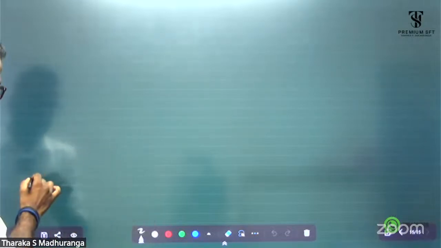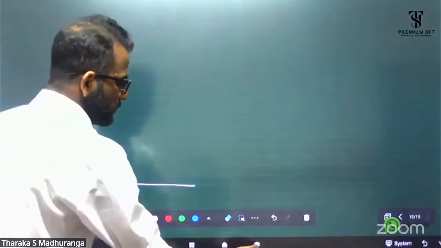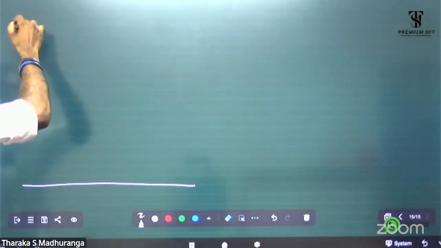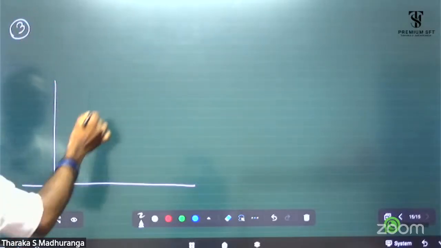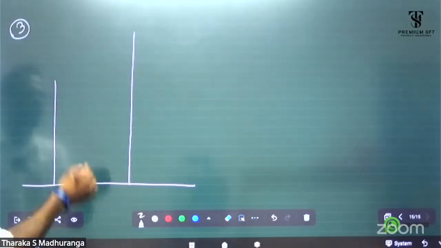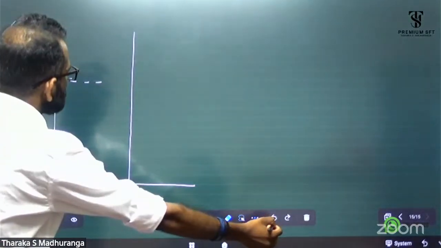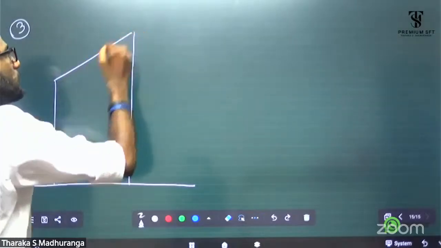Okay, simple one. Now, this is the ground level. Tutorial question number 3. This is the first tower. This is the second tower. This is the used wire.